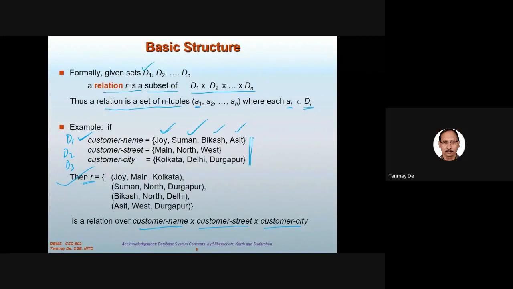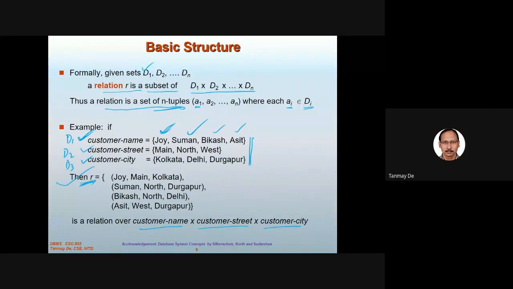It is an n-tuple by definition, but here it is a three-tuple. In this example, three sets are there: customer name, customer street, and customer city. You may think of each as a domain, the range of values: Joy, Sumon, Vikas, Osit. So R is a subset of all of this.